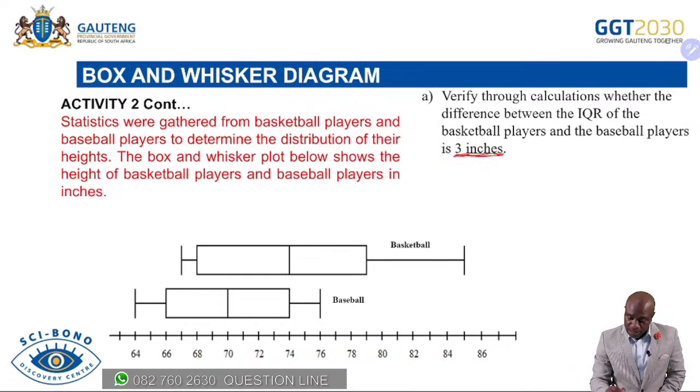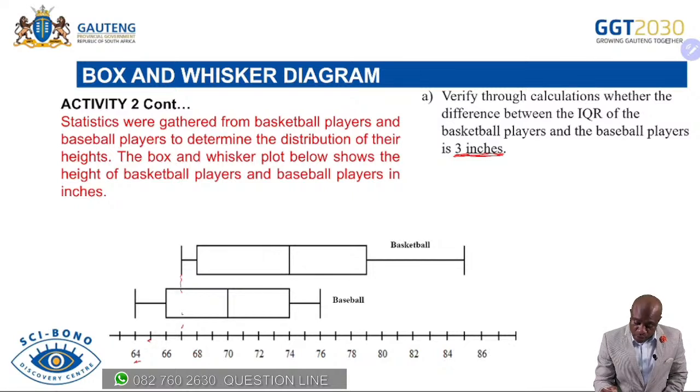So let's start by analyzing the first part. If you check the minimum for the basketball players. Now, the other thing that is very critical for you to do is to check your scale on your graph. You must check your scale. So if we check here, we're starting from 64, and this number that is here is 65, then 66, then 67.